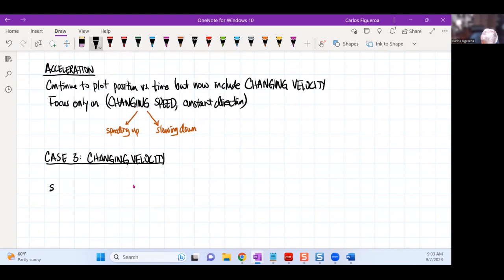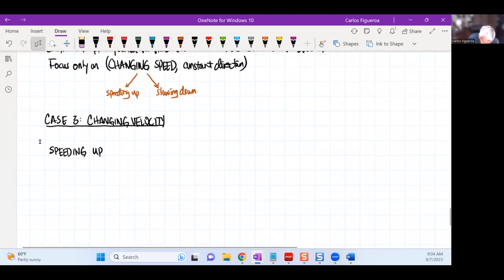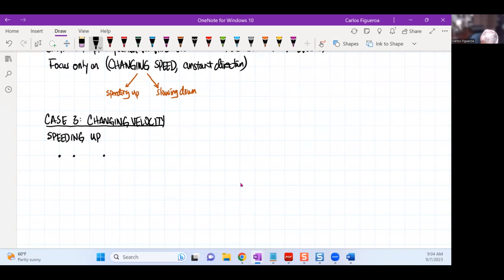So let's look at this graphically. If I am speeding up, what does that really mean? Speeding up really tells us something like this. It says that my dots are getting farther and farther apart.